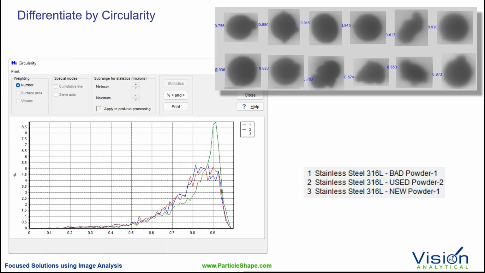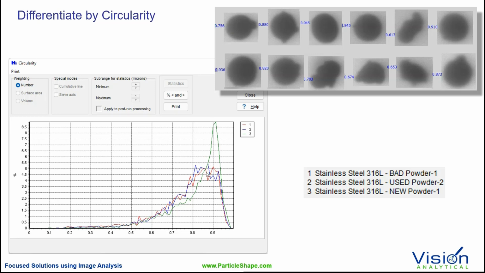When we look at circularity, this is actually very interesting. Circularity, again, is how round the particle is: the closer to one, the closer it is to round, and the further away, the less round it is. Once again, this is a very good complement because we can see in a graphical way that number 3, the new powder, is definitely the most round in nature.